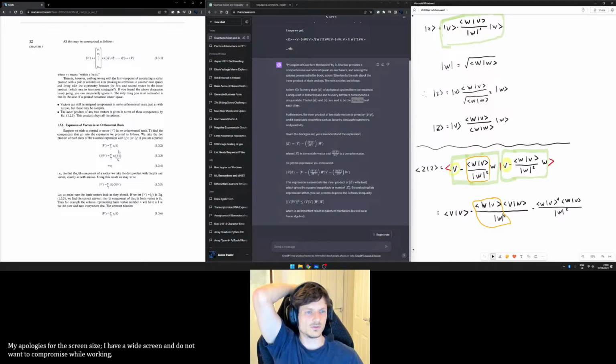You're going from i to infinity, and V is a component of that vector. So it's equal to the sum of all the components of the vectors multiplied by the ith vector.